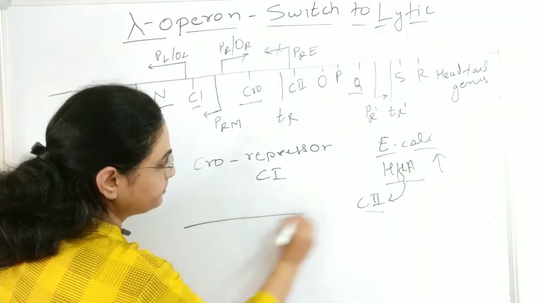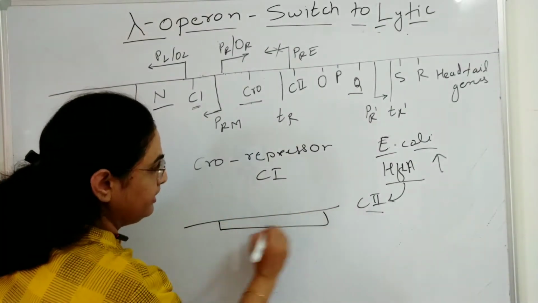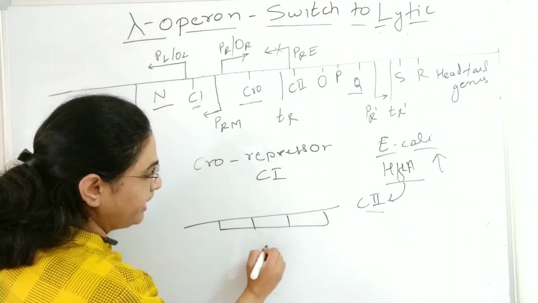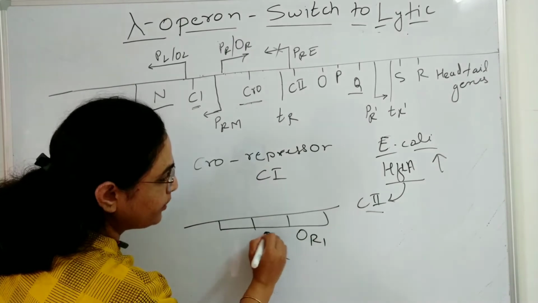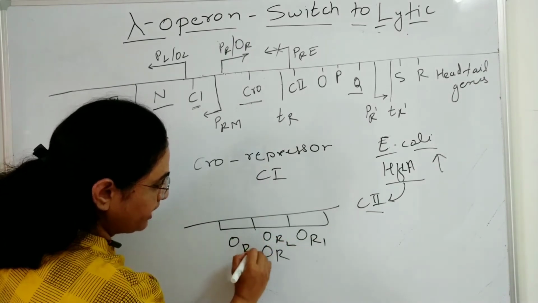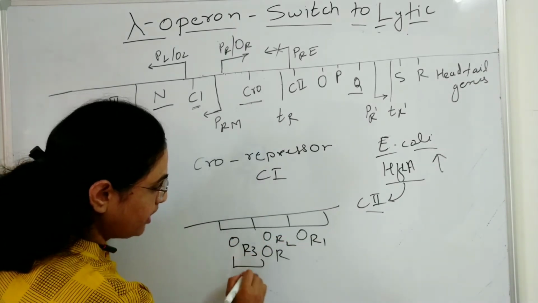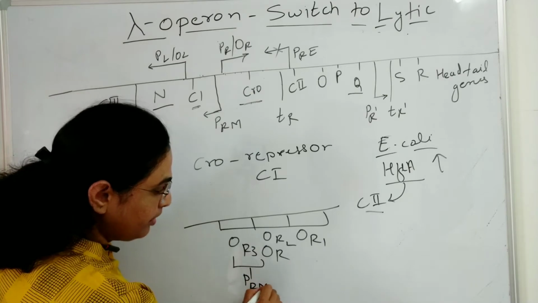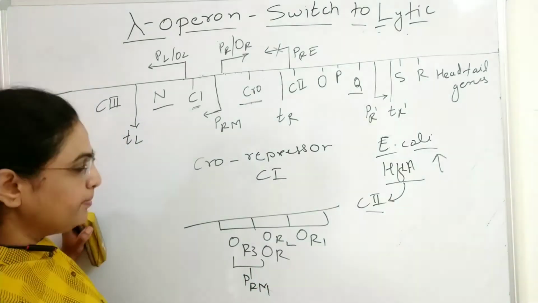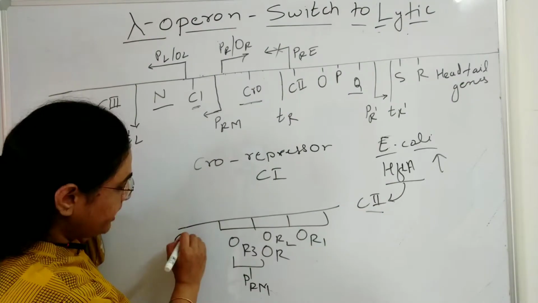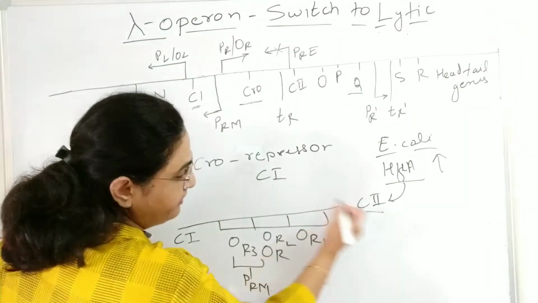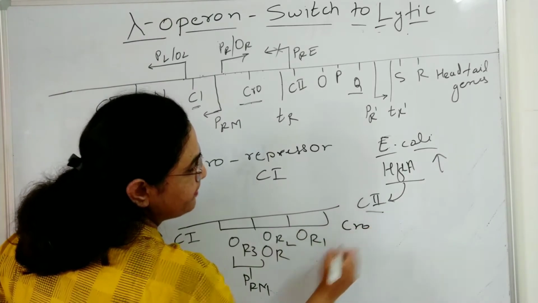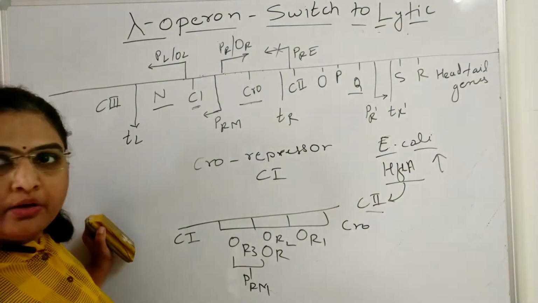Here is the operator OR, and OR has been divided into OR1, OR2 and OR3. We have seen that in OR3 there is the promoter PRM, and PRM is the promoter of C1. After OR1 there is the presence of CRO.